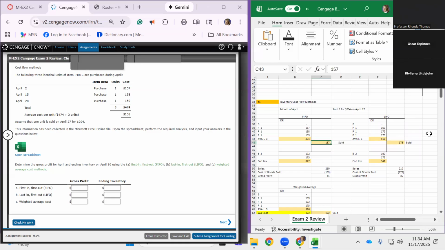Then the sales are 204, and when we subtract 157 from it, we get a gross profit using first in, first out for that one item of $47. And that left the 158 and the 159.